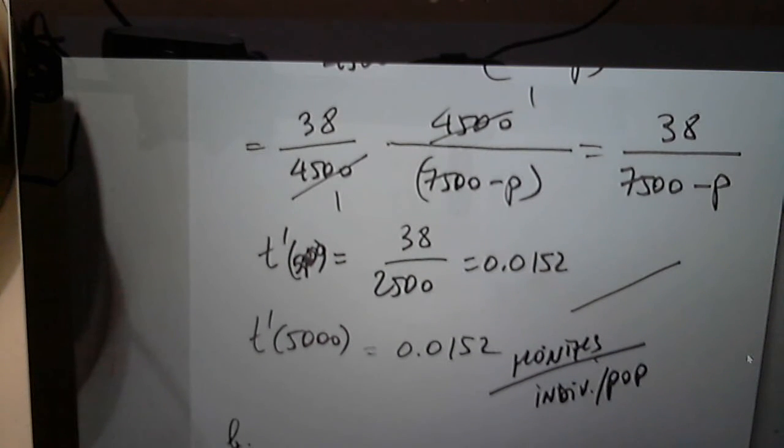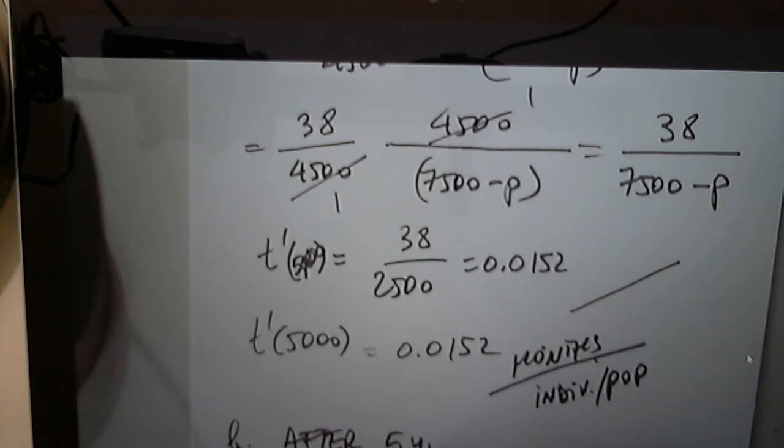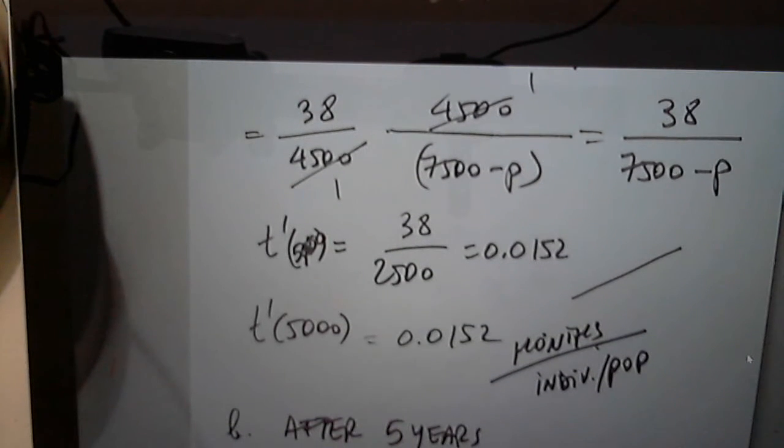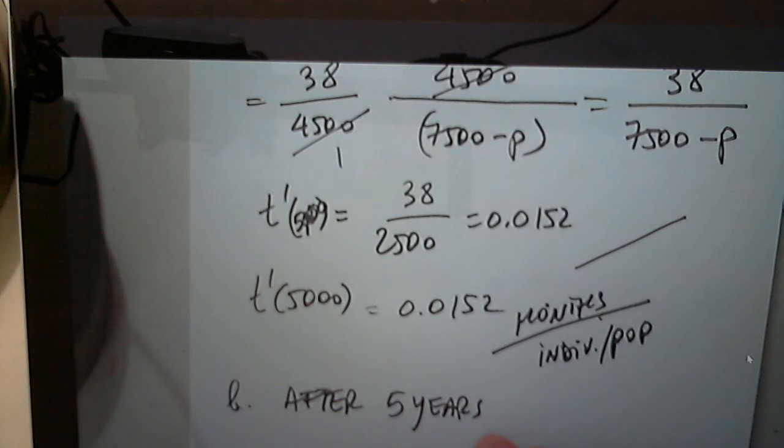Now, part B, last part here. What is the population of birds after 5 years? What is given in the question, and what do we need to do? Plug it into the 38 over 7,500 minus p.